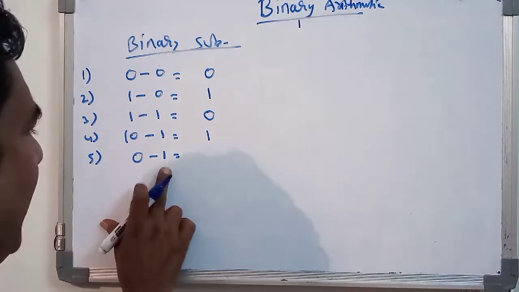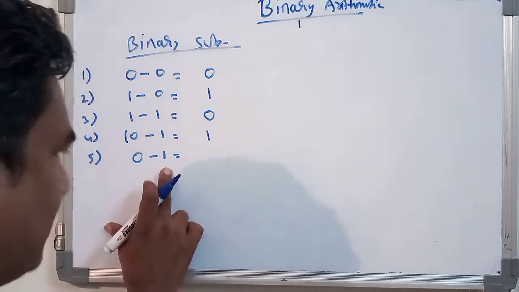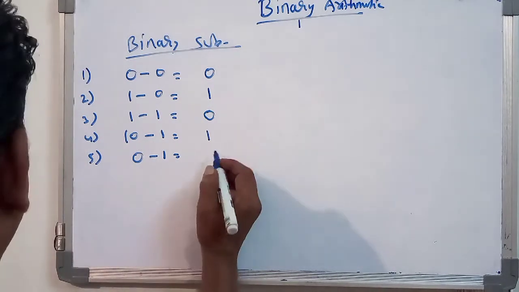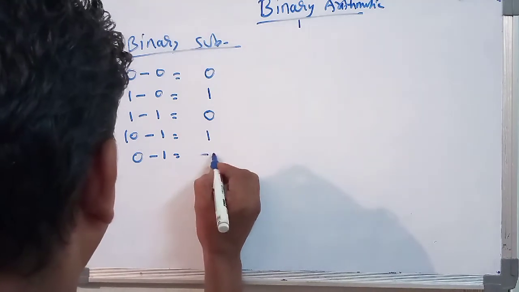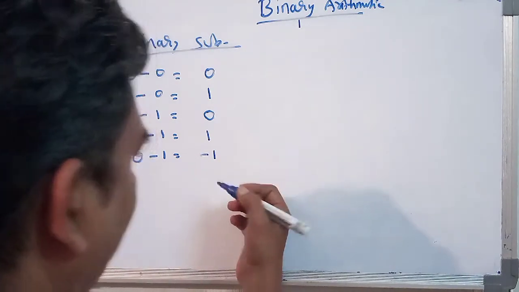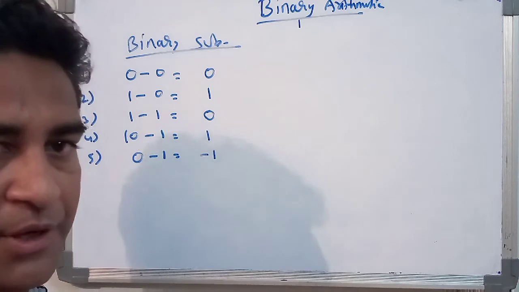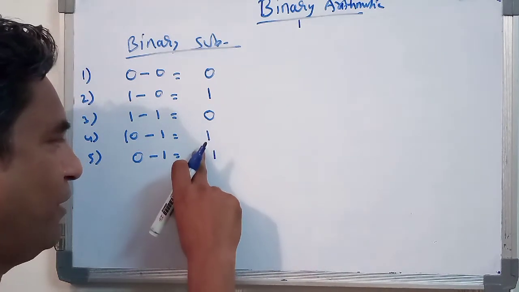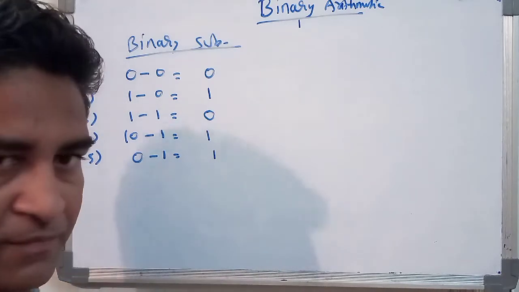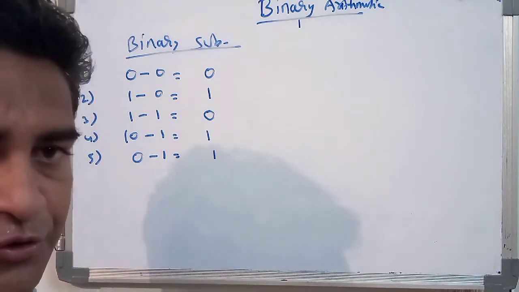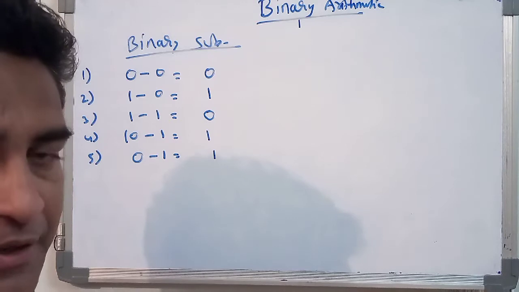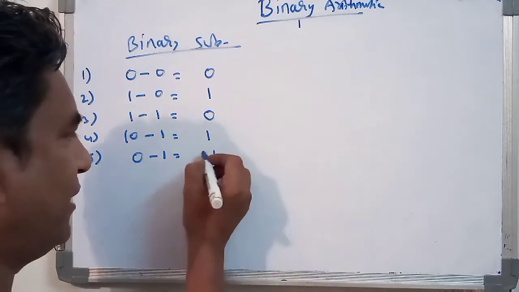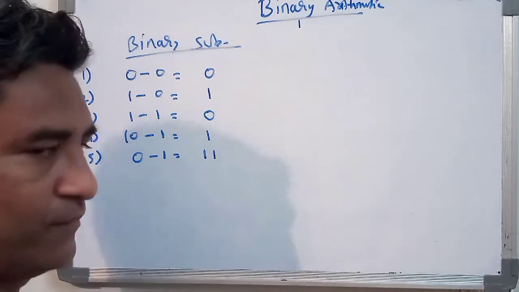Now 0 minus 1. 0 minus 1, what will you get? You will get the answer as minus 1. But here you have to understand that the computer does not have the facility of writing the minus. Okay, students. So instead of writing the minus, you have to write down here a 1.